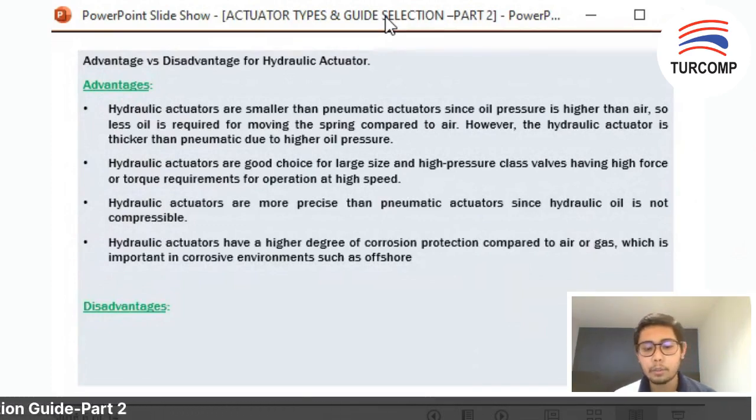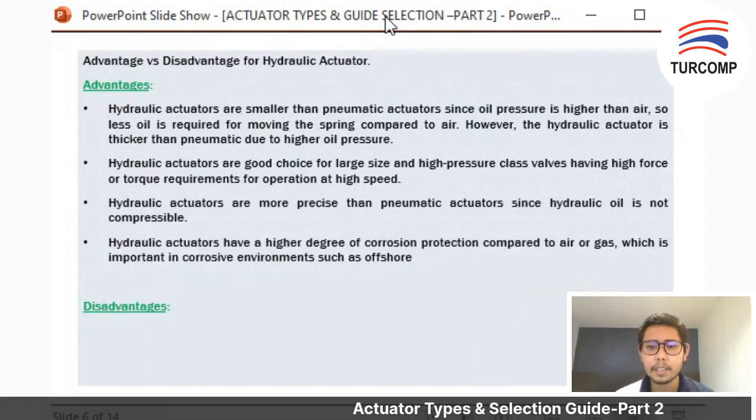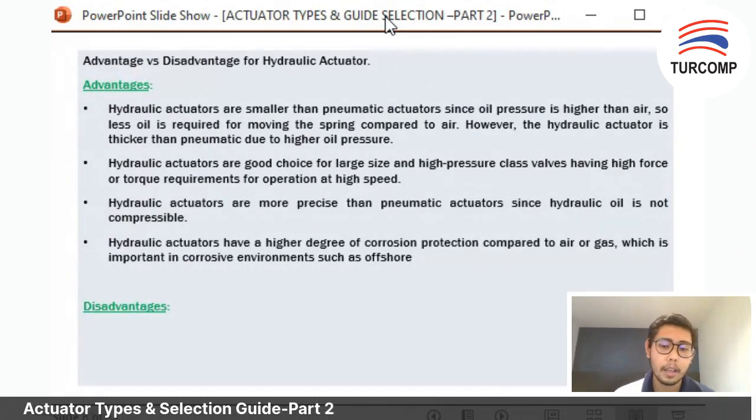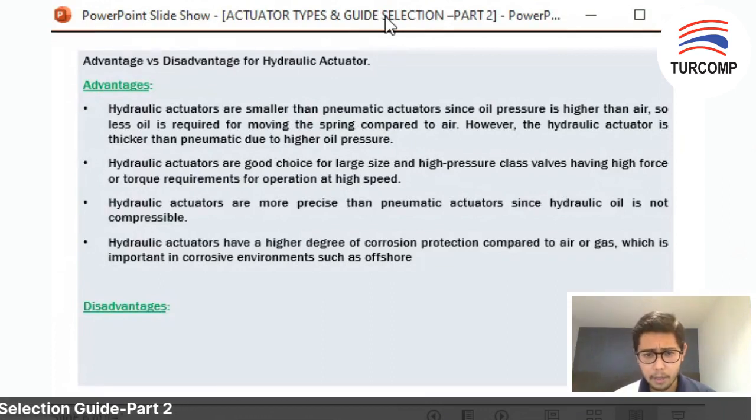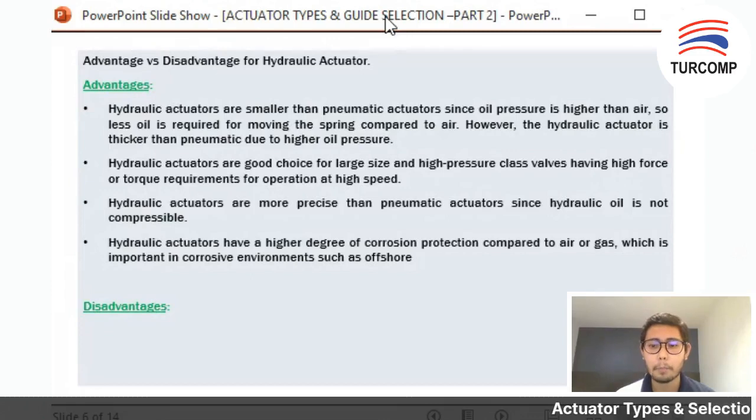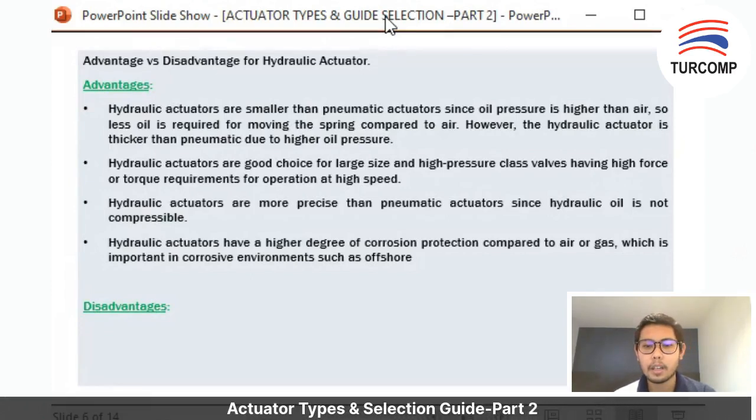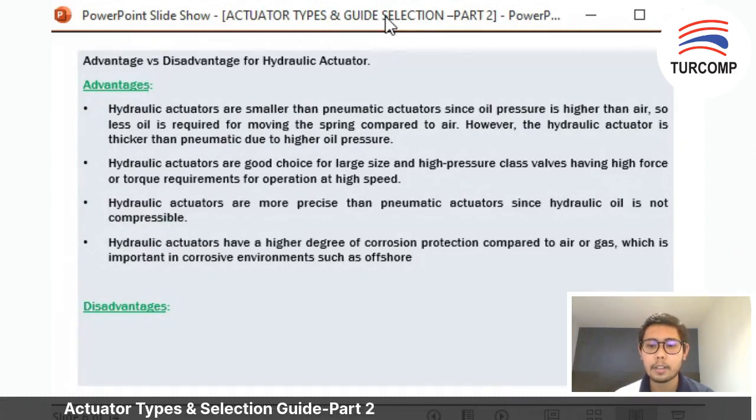So it's very suitable for bigger size valves. Hydraulic actuators are more precise than pneumatic actuators since hydraulic oil is not compressible. And lastly, hydraulic actuators have a higher degree of corrosion protection compared to air or gas, which is important in a corrosive environment such as offshore.